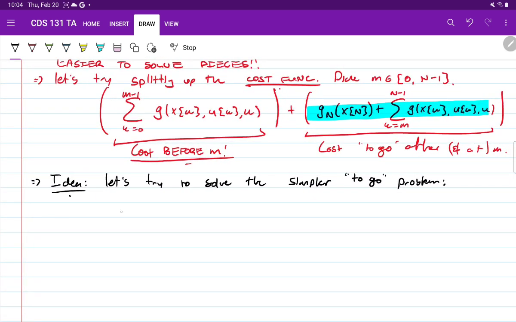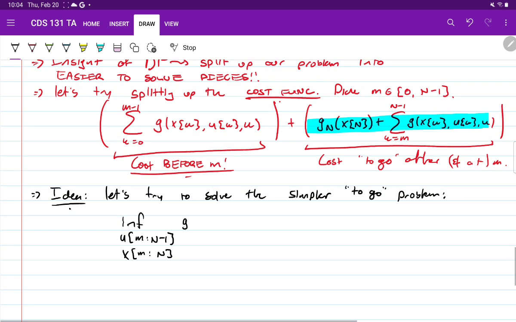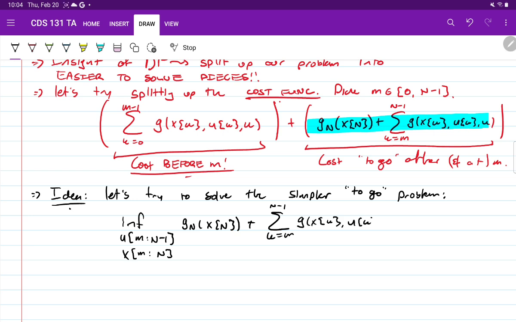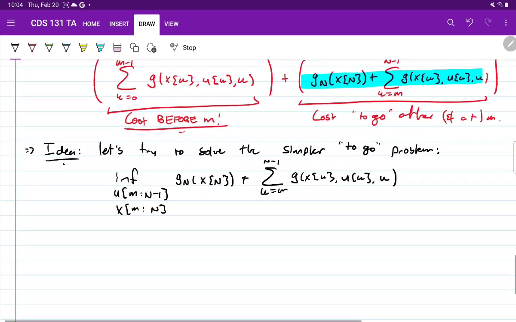which I'll call inf over u going from m up until time n minus 1, x going from m up until time n, of gn of xn plus the sum going from k equals m up until n minus 1 of g of xk, uk, and k, all right?